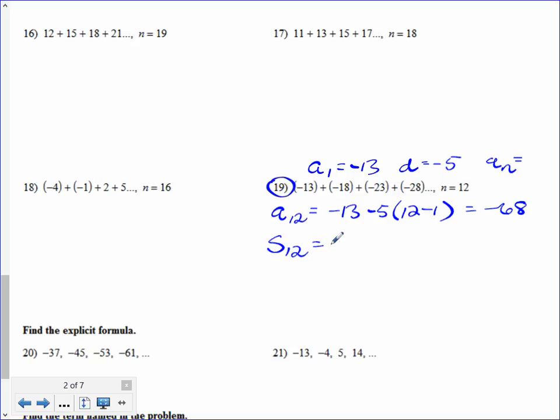Once you know the 12th term, you can do the sum of the first 12. Okay, you check which end.